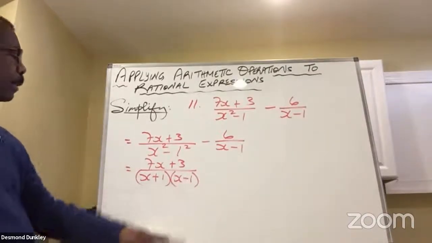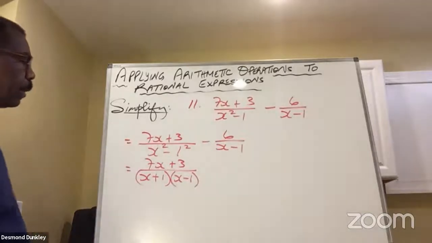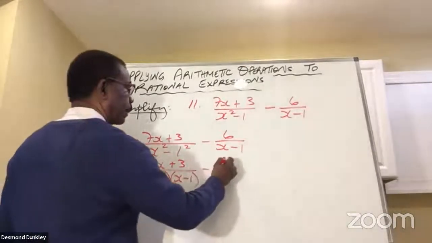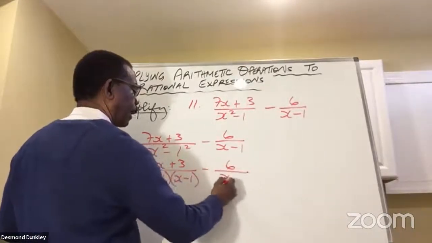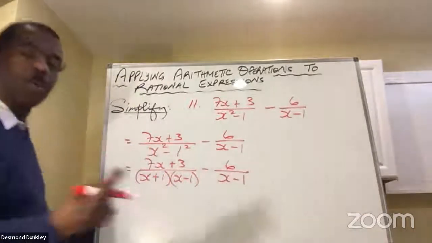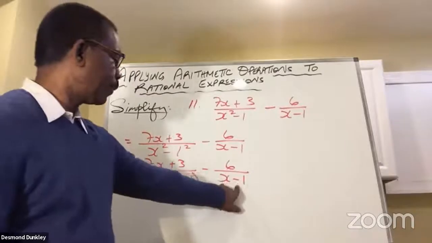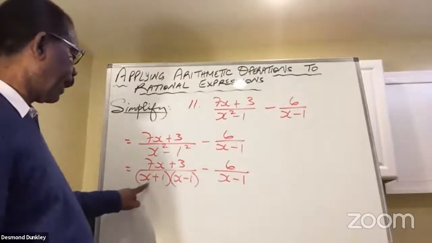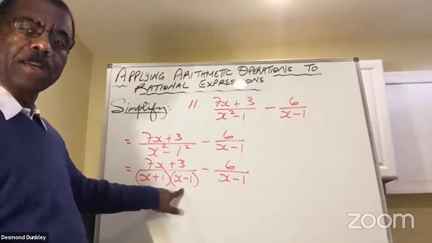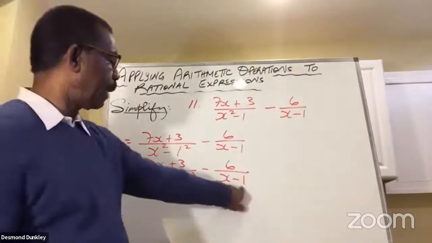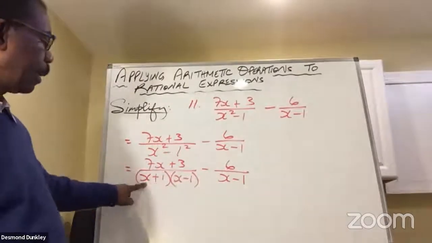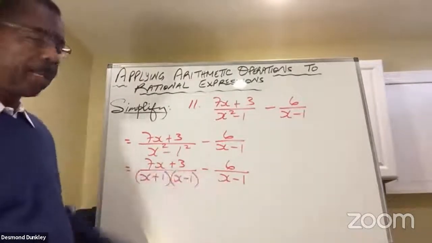So that's what this is. That will give you this, x squared minus 6 over x minus 1. So now we're in a position to get your common denominator. You have an x minus 1, you have an x minus 1 and x plus 1. So this is a bigger denominator. So I need to multiply this by x plus 1, and I would have the same denominator.